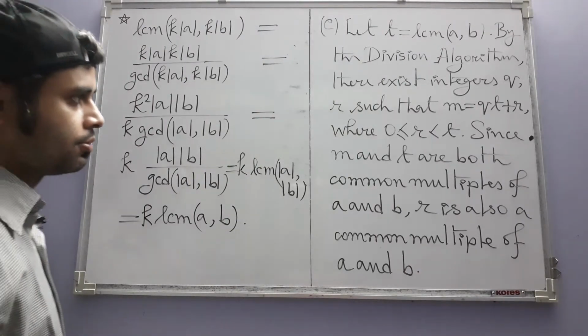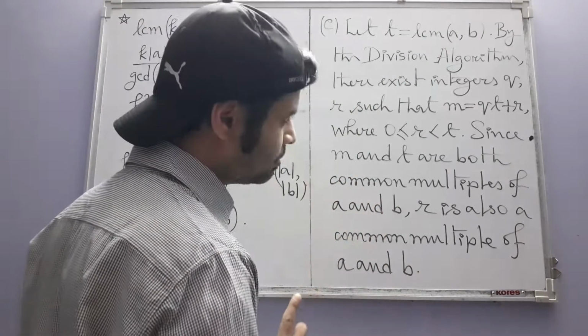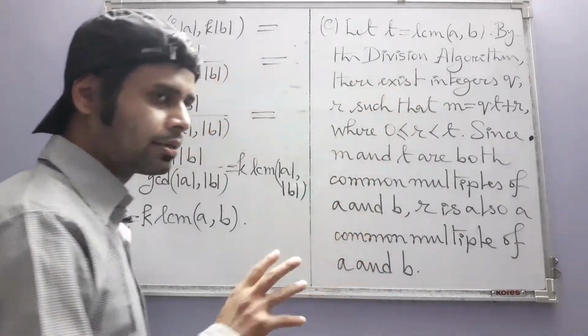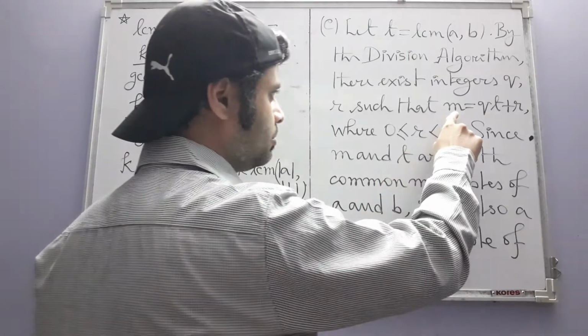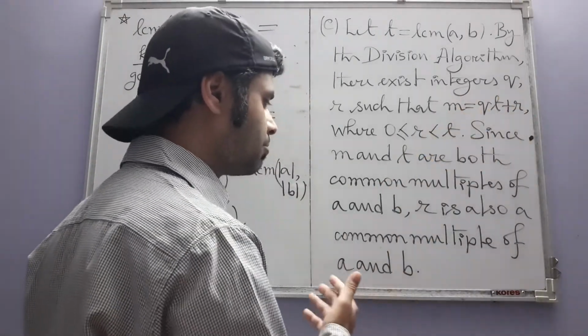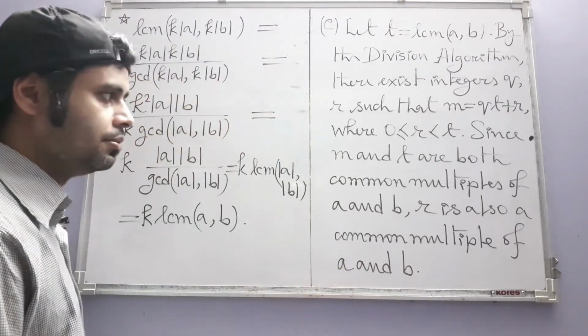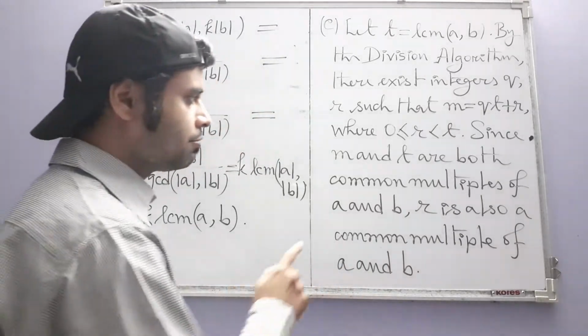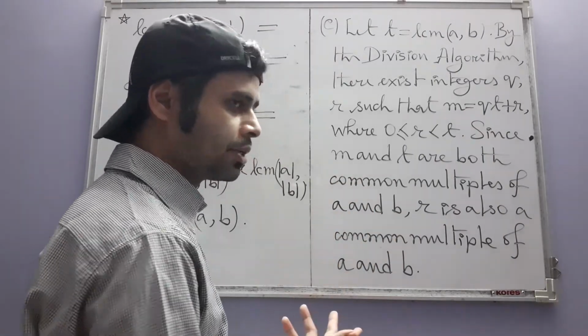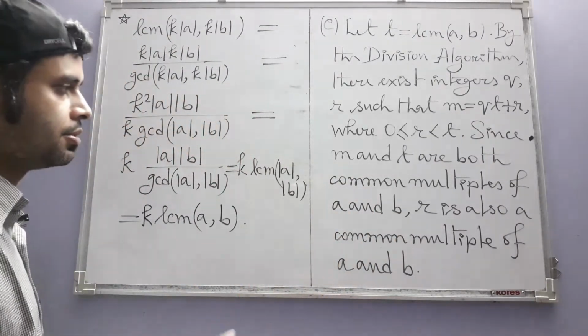But anyway, so now what have we written here? The part where we have applied the division algorithm, that we understand, but because of this equation, R has now become a common multiple of A and B. What does it mean for M to be a common multiple of A and B? M is, because that's the hypothesis.